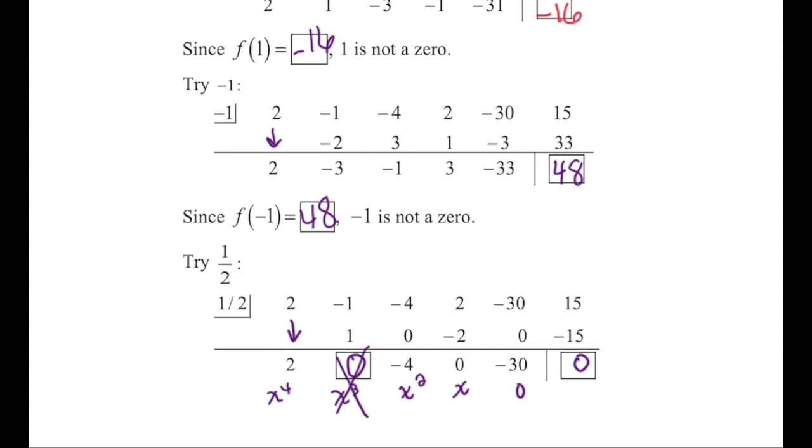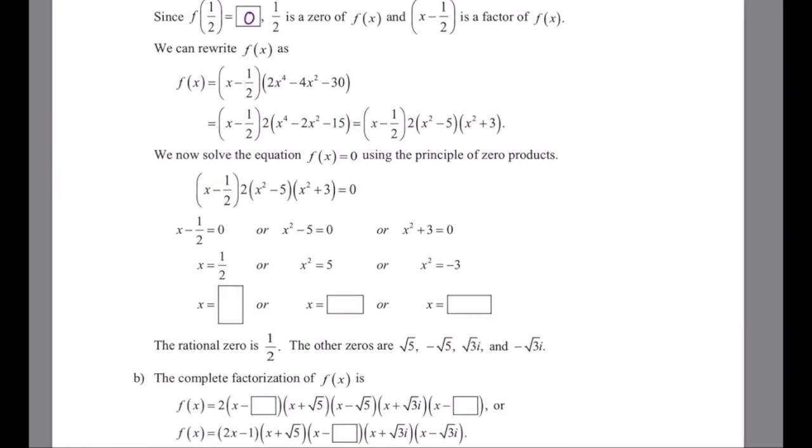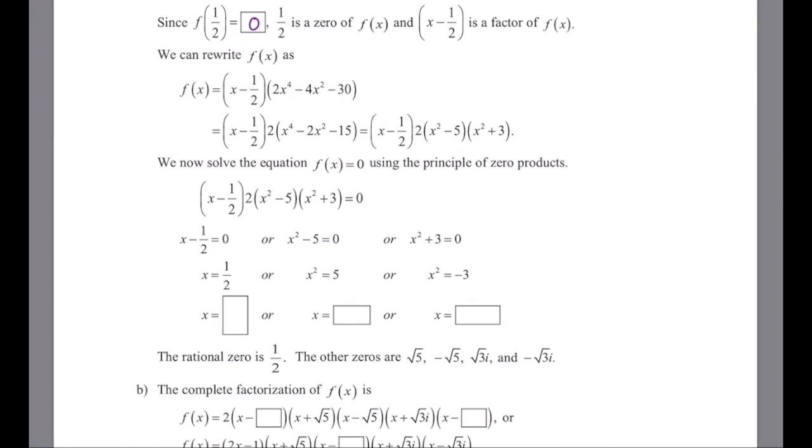Notice I don't have any x cubed and I don't have any x terms. So I'll have 2x to the 4th minus 4x squared minus 30 as my reduced polynomial.